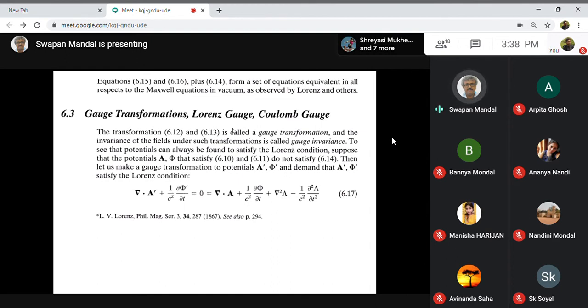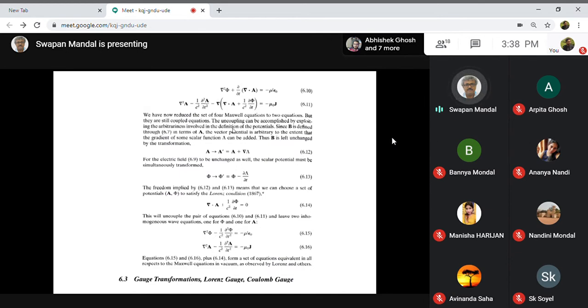And once again, one thing is very nicely clear: under the Lorentz condition, we have already got two decoupled differential equations. One is involving the scalar potential, the other one is involving the vector potential.